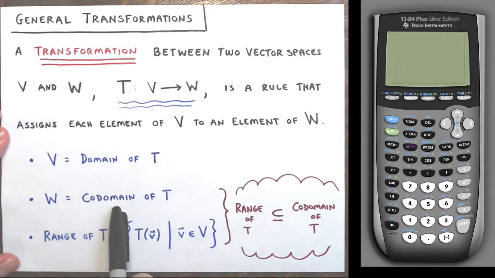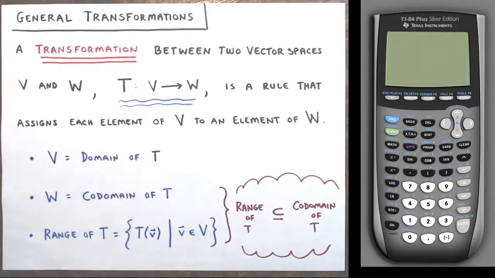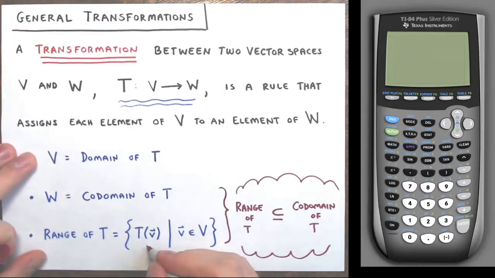So yeah, don't confuse codomain with range, right? Here's the range. The range of T is all of the vectors T of V, right? And these would be vectors in W, right? If I plug a vector V from vector space V, a vector from the domain, into the rule, into the transformation, it'll give me a vector in W, right?